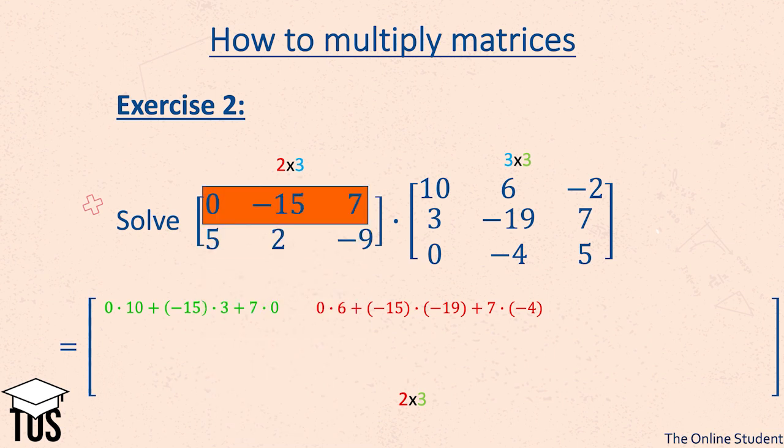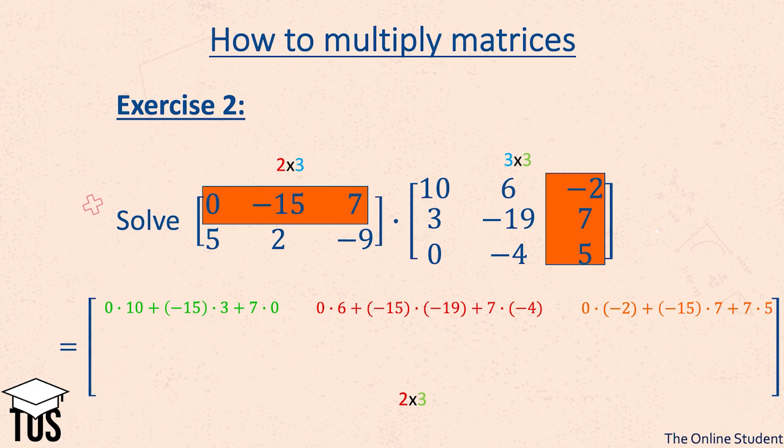Again, we take a look at the first row, but now in combination with the third column, and we have 0 multiplied by minus 2 plus minus 15 multiplied by 7 plus 7 multiplied by 5. Because we have taken the first row and the third column, this element will go in the first row and third column of the resulting matrix.